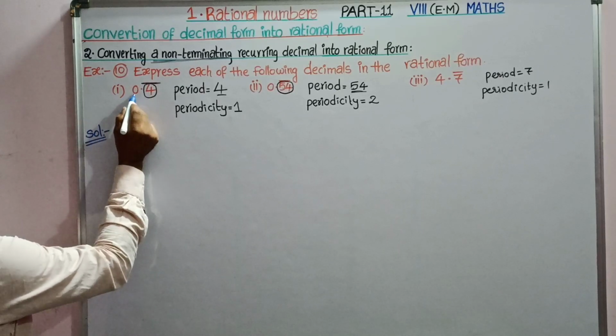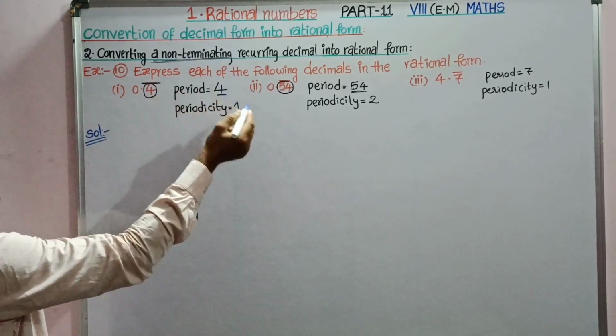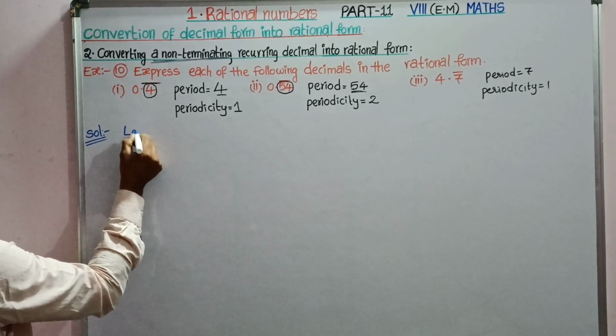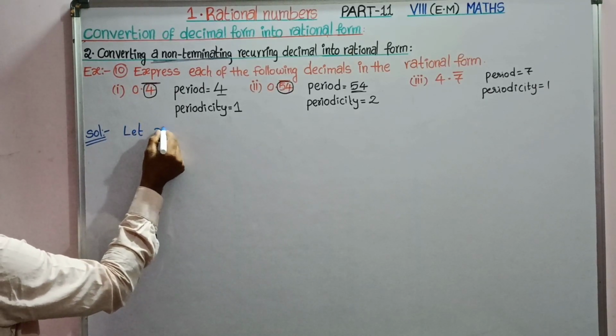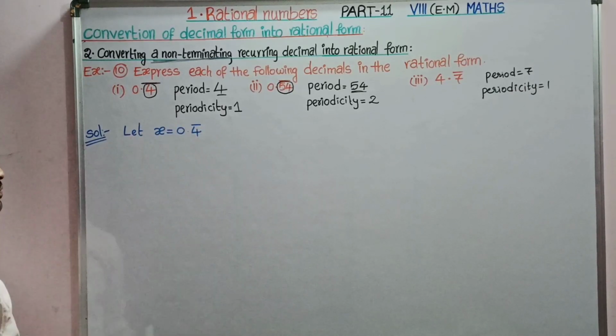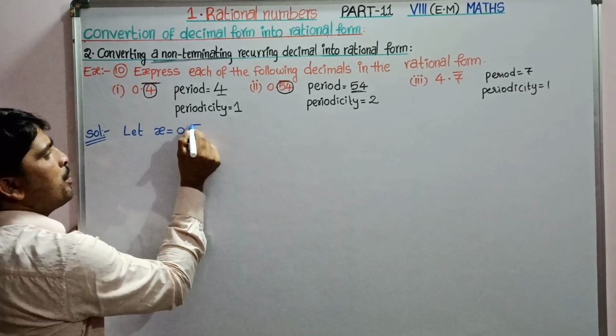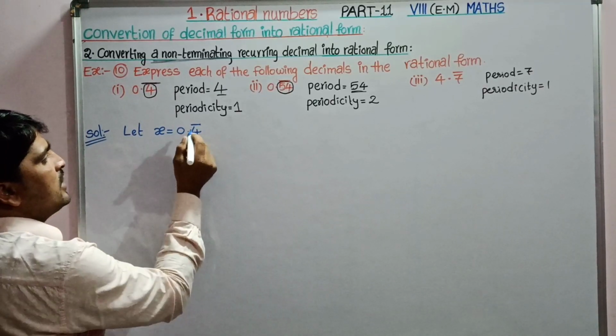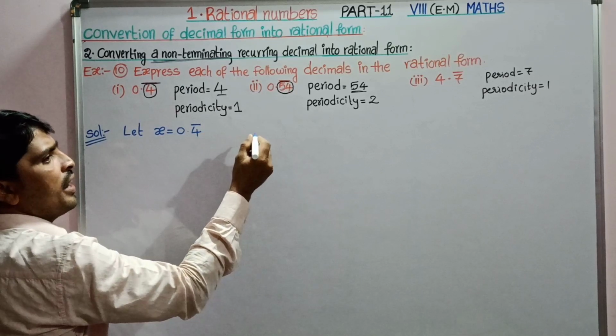We have to express 0.4 bar in terms of p by q or rational form. For that, let us suppose the given number be x, that is x equals 0.4 bar. What does the bar represent? The bar represents that the digits under the bar are recurring.